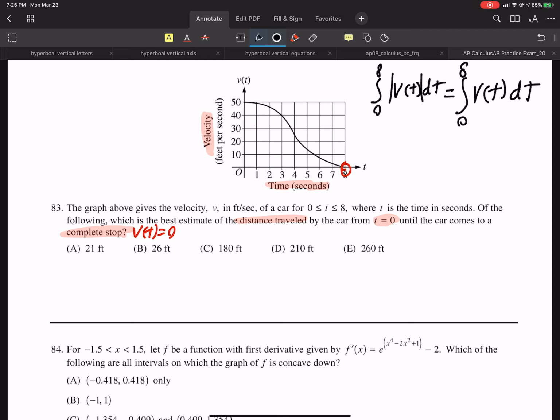And that's just going to be the net area. So I'm going to approximate the area, and I'm going to just count squares. Now each square, one square is 10 by 1. It's going to be 10 feet per second times second. So it's going to be 10 feet for each square.